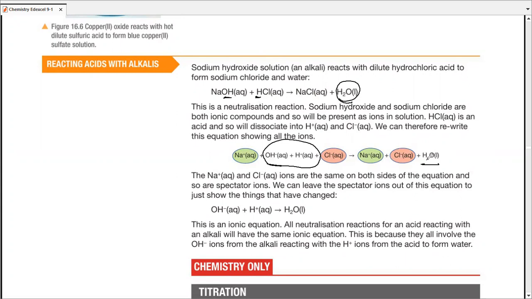The rest is spectator ions, and those are the ions which form our salt, the positive part of the alkali and the negative part of the acid. So the ionic equation for any neutralization reaction ends up in H positive plus OH negative giving you water. And that was all for today.